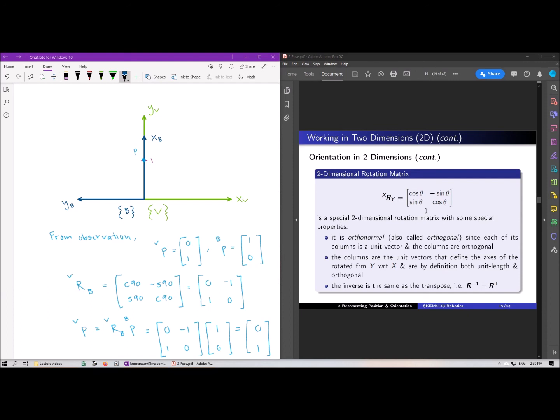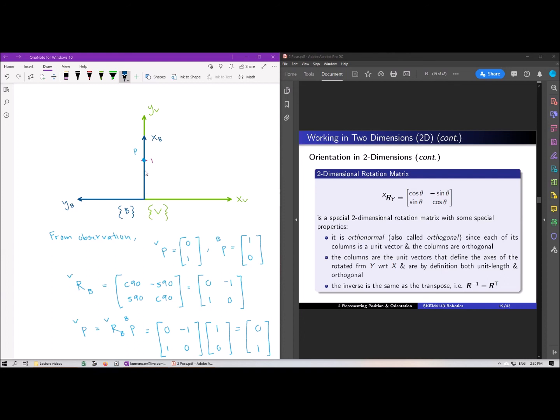So even without this, using this formula, you should be able to derive this matrix, because it says here the columns are the unit vectors that define the axis of the rotated frame Y with respect to X. So this column is the unit vector of XB with respect to the green coordinate frame V. So what is the coordinate vector XB, which is this, if you imagine there's a coordinate unit vector here? What is the unit vector here with respect to coordinate frame V?